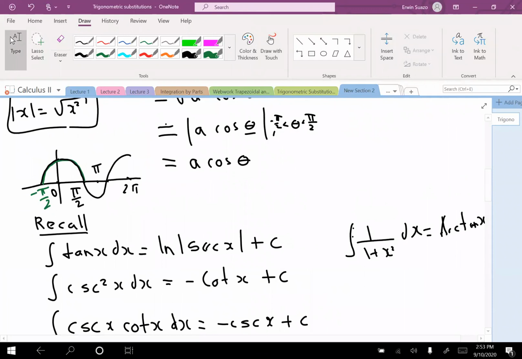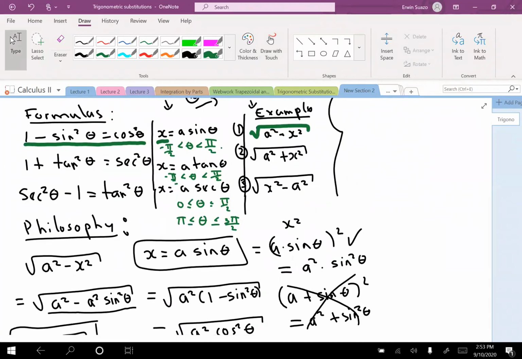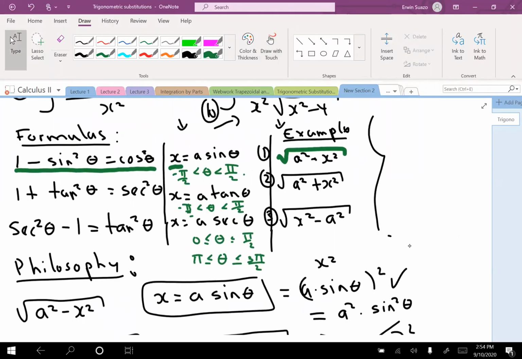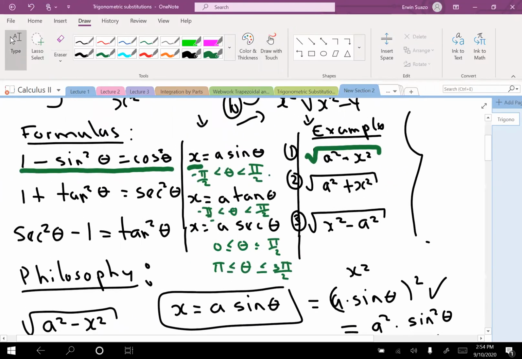So what we have is the square root of x squared plus 25. So tell me, you're going to choose 1, 2, or 3. If you have the square root of x squared plus 25, which one?